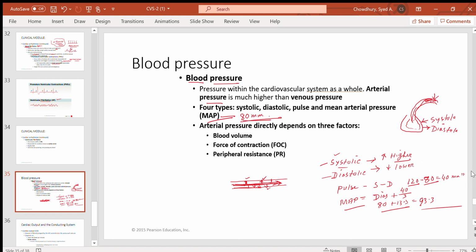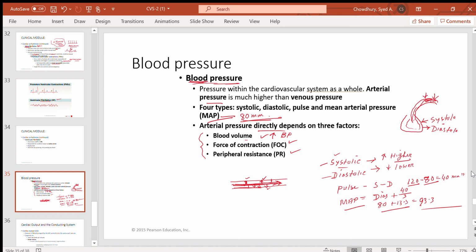Now 3 factors directly affect the arterial blood pressure. There are many factors that can change the blood pressure, but these 3 are directly influencing it. One is the volume. If blood volume is more, pressure will be more, because how much blood is inside the artery is giving the blood pressure.